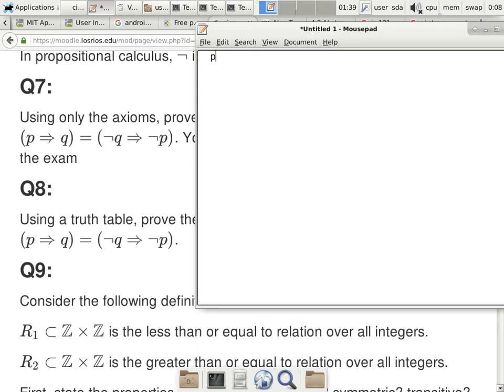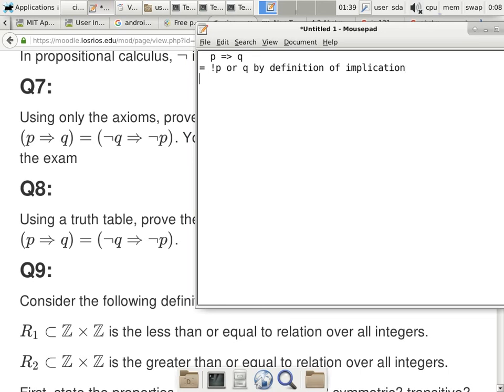Okay, so we start with P implies Q. By definition of implication, we end up with the negation of P, or Q. Okay, that's by definition of implication. There we go.